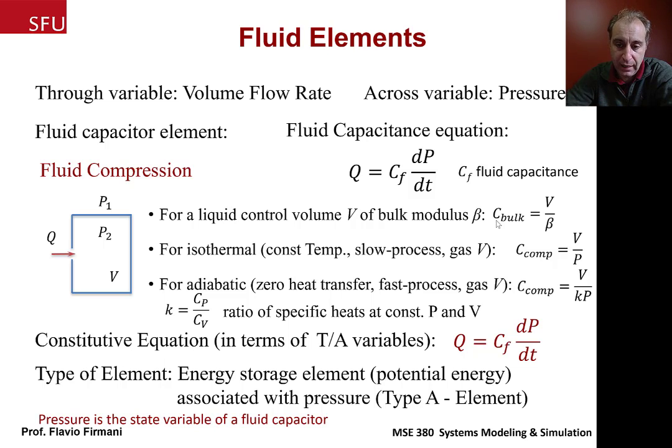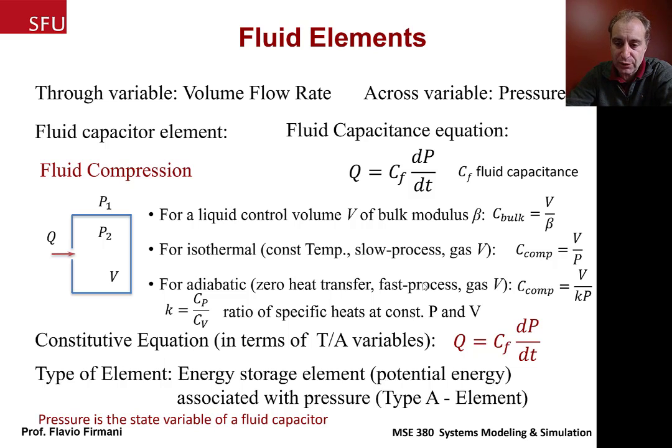For an isothermal system, where we keep a constant temperature in a slow process, and this is for gases, the fluid capacitance will be given as the ratio of volume to pressure. And the same for adiabatic systems, where we have zero heat transfer.